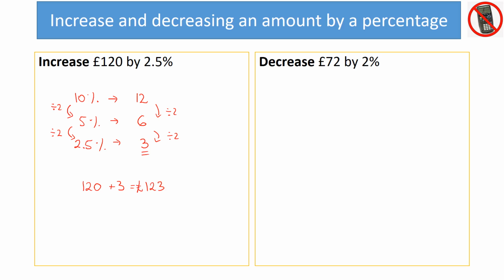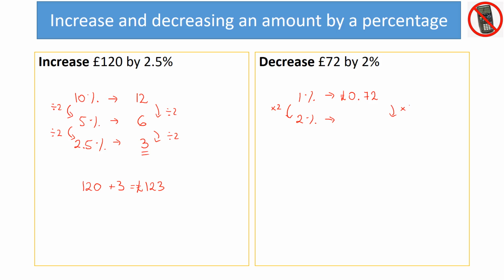In the next question, I've got 72 pounds that need to be decreased by 2%. Okay, so this time I'm going to start with 1%. To get 1%, you need to divide the amount by 100. So that is 0.72. Now because I've got 2%, that is twice as much.